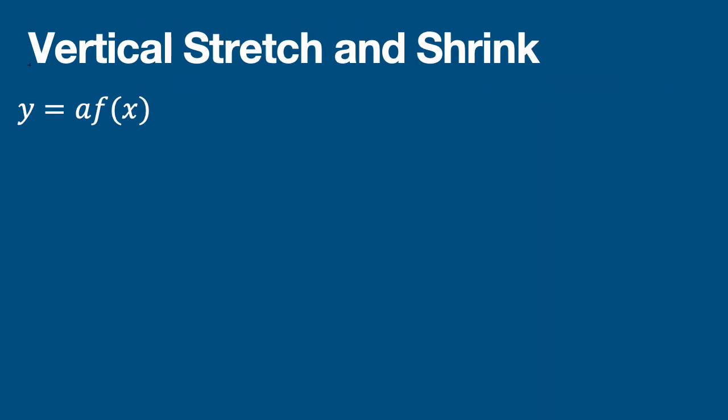Now we're going to do vertical stretch and shrink, guys. Vertical always means they're going to change the y value. So here is the form of vertical stretch and shrink: y equals a times f of x, that's the y value, times it. When you multiply it, we say stretch and shrink.